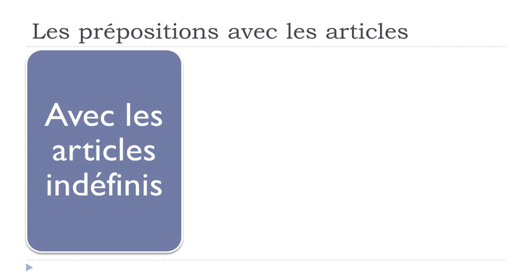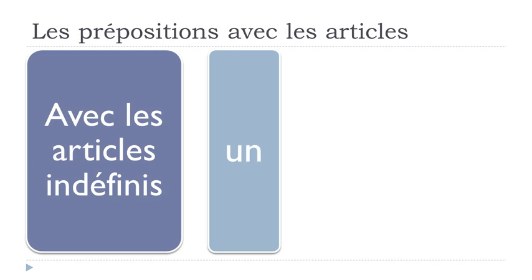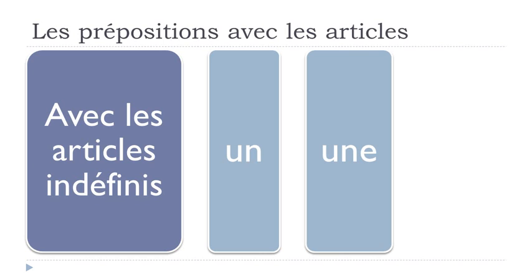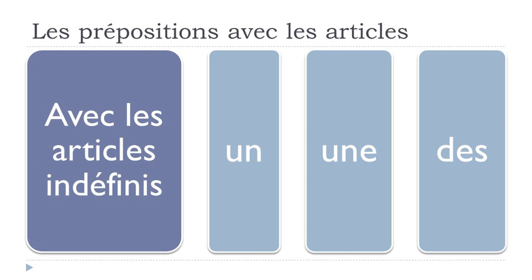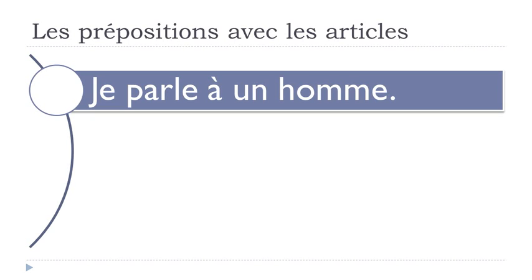So remember, les articles indéfinis would be translated in English as something, but then in French we've got the difference between the masculine form, un, the feminine form, une, and the plural form, des. Okay, so let's see now. I've been making a few examples. So I did take this verb parler, to talk, because it's quite interesting.